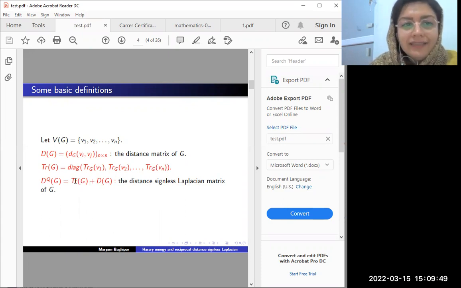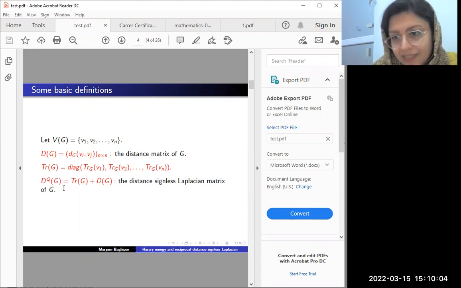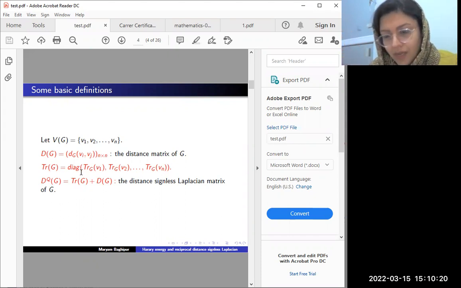The trace of this matrix is equal to the sum of the transmissions of the vertices, that is, twice the Wiener index. So the distance signless Laplacian is to some extent related to the Wiener index, and we show some results regarding the relationship between this matrix and the Wiener index.